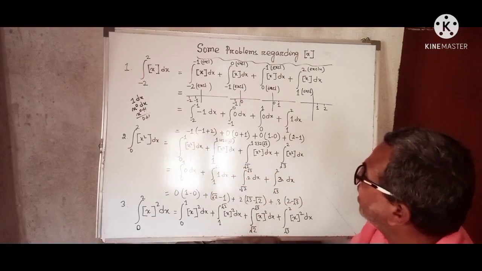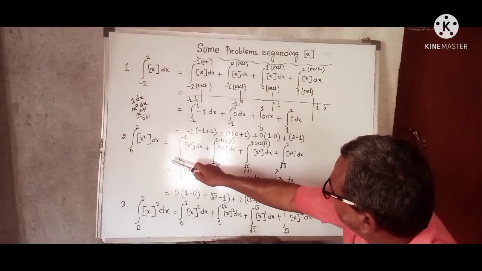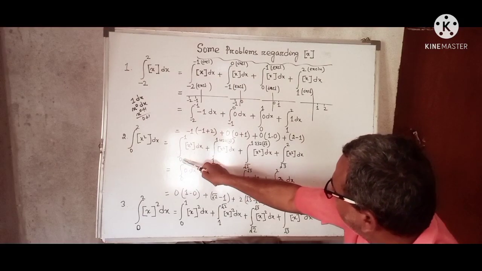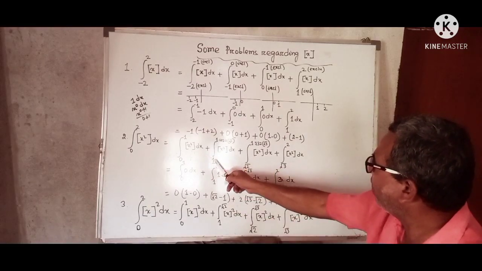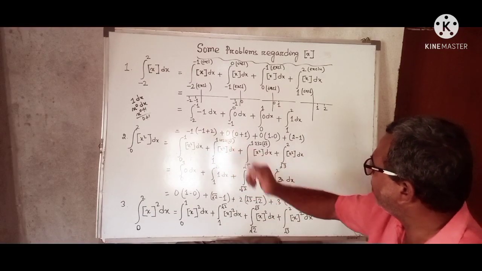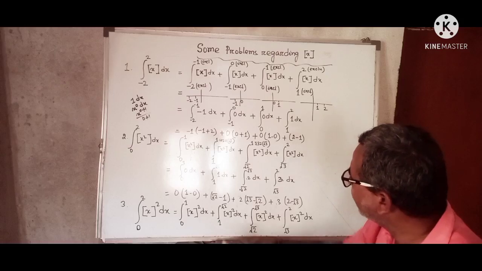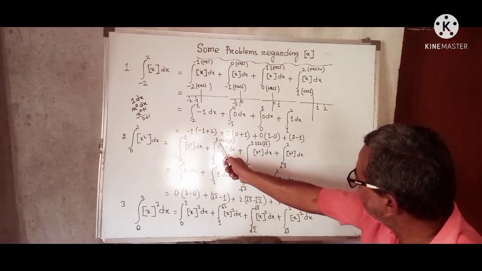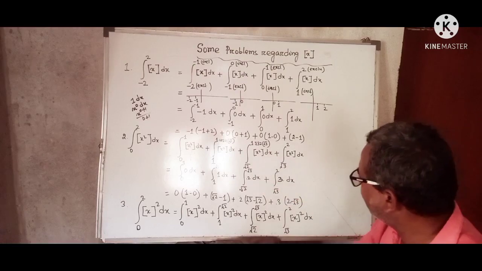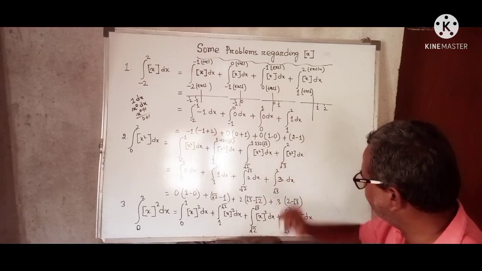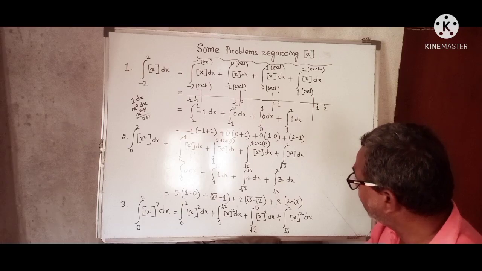That is why I have resolved it first from 0 to 1. Then 1 to 1.414, here the value is continuous. And then root 2 to root 3, the value is continuous.